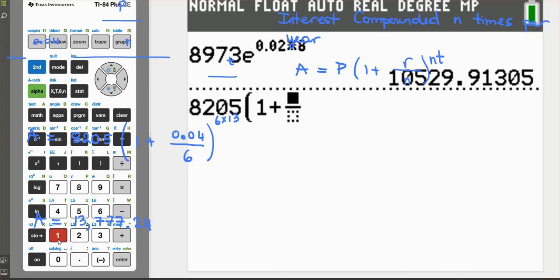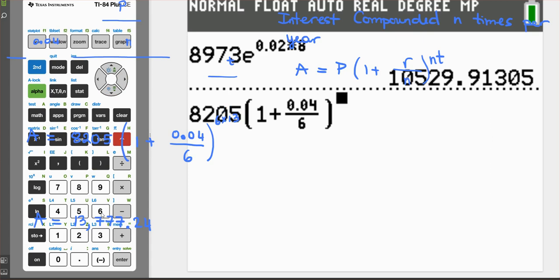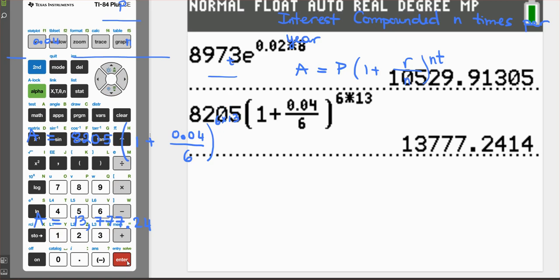If not, you don't have to do it. So I'll put 0.04 divided by 6, close the parentheses, exponent 6 times 13. Yes, so this is how you get it. I hope you feel okay with how to input the given expression in your calculators.